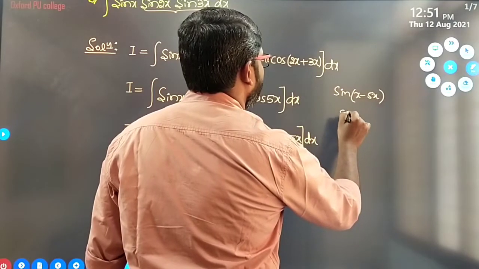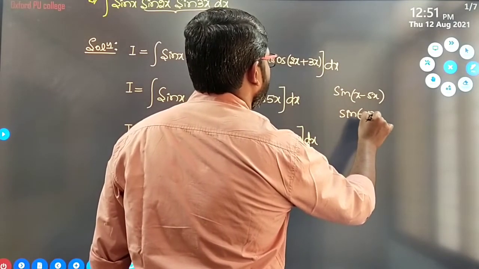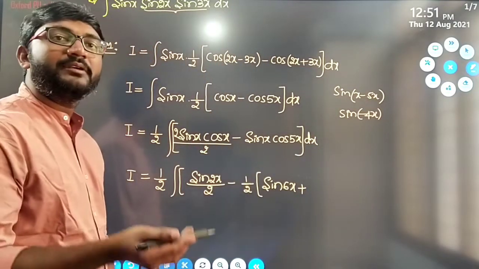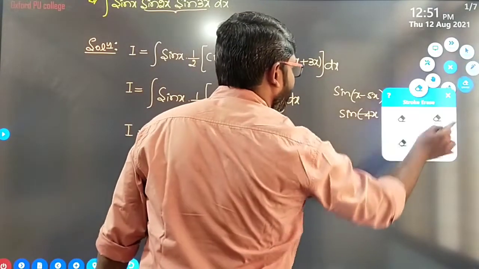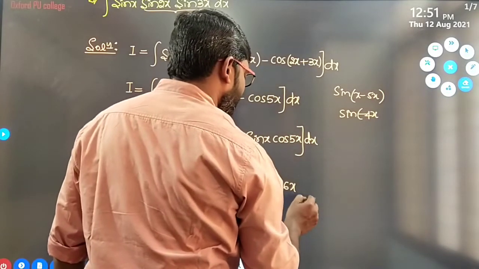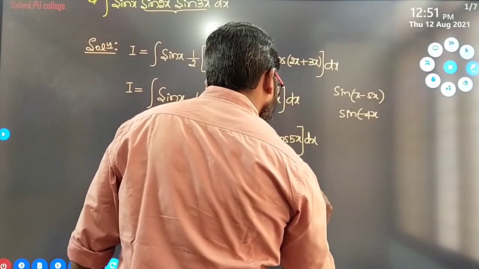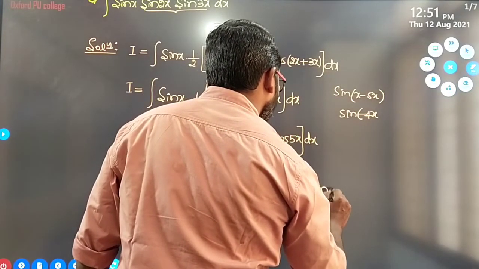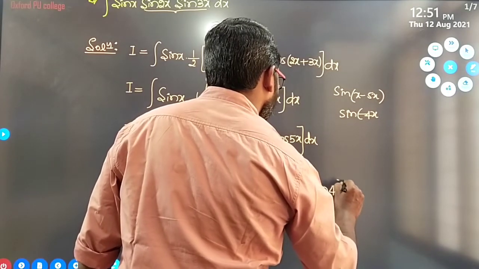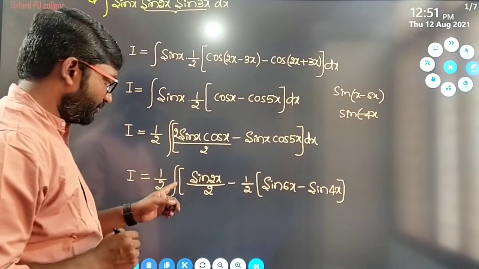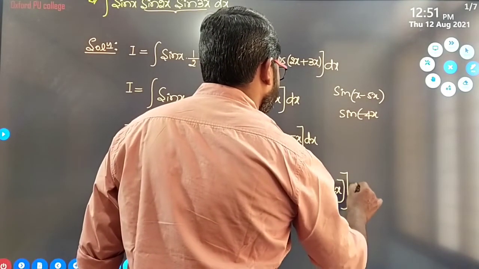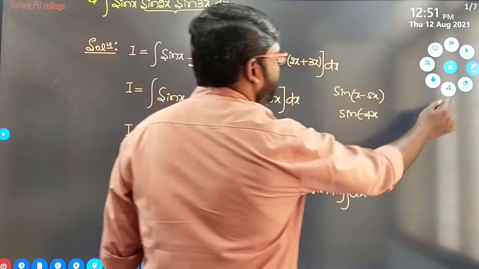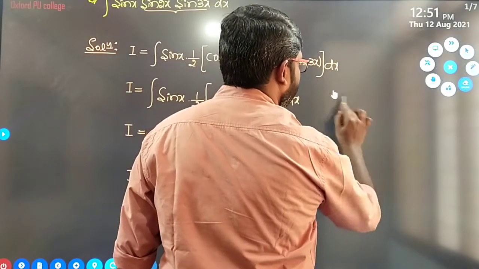So we get sin of minus 4x. What is sin of minus 4x? It will be minus sin 4x. So I will be writing minus directly here. So minus sin 4x. Close this bracket and we have to close this main bracket as well. So write dx. I will be erasing this term.